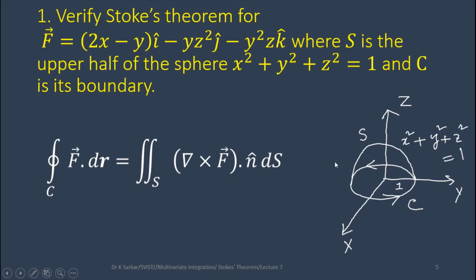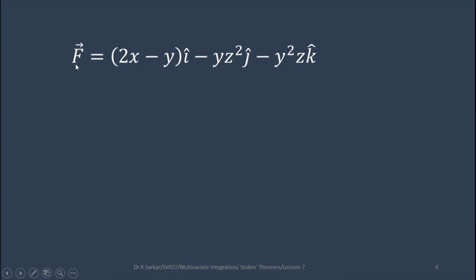Here I have drawn the upper half of the sphere whose radius is 1, C is the boundary and S is the surface. So we have to find the line integral and the surface integral. The vector function f is given.